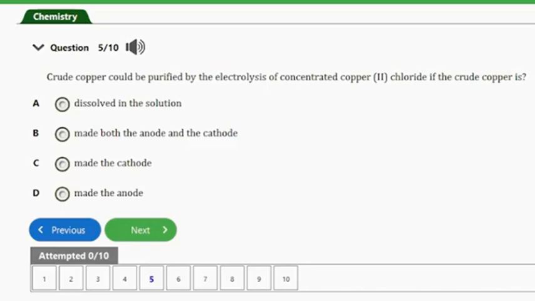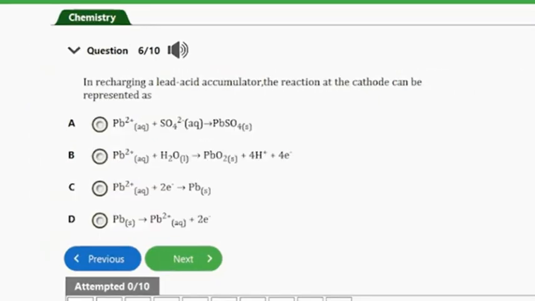So guys, the answer to this question is option D here, and that's made the anode. In the electrolysis of copper 2 chloride, crude copper is actually made the anode. So the impure copper anode dissolves into the solution to form copper 2 ions, which are then reduced at the cathode to form pure copper. So that's it about this question. Let's consider the next question.